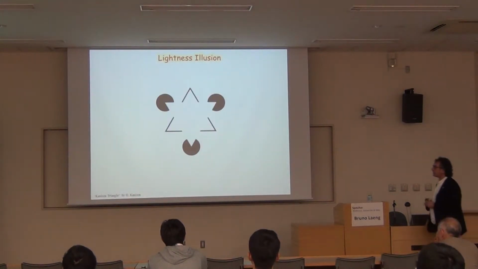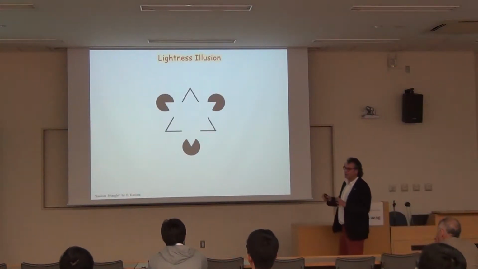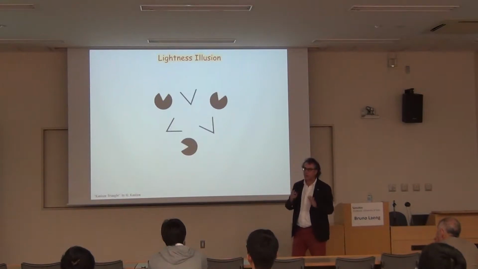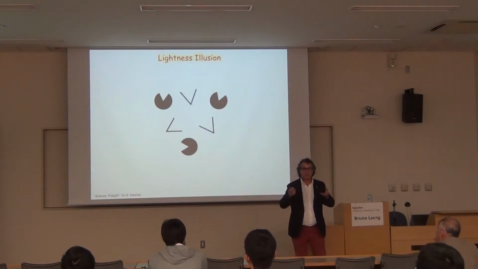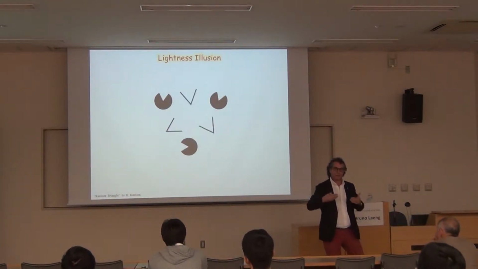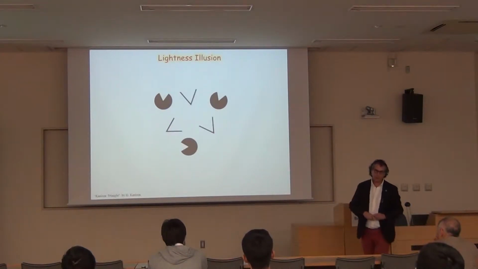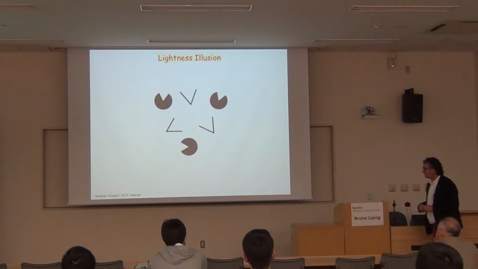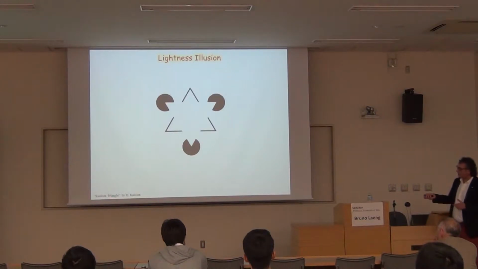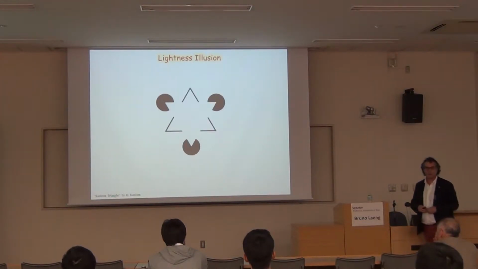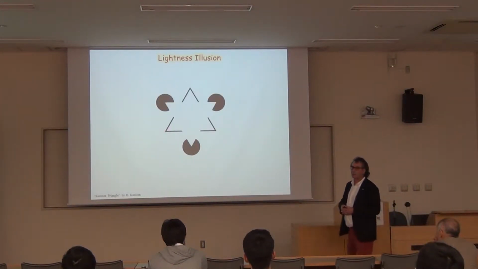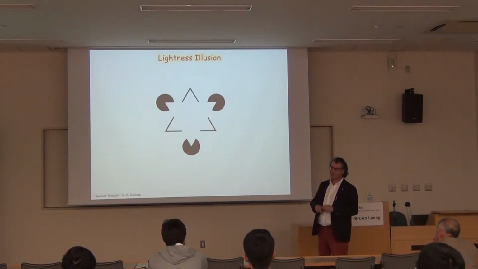There is also another class called lightness illusion, because now the effect of luminance seems to be reflected from the surface instead of being generated by a source of light, as in the previous class. This is the famous Kanizsa triangle. Kanizsa was a psychologist from Italy, so a national of mine.